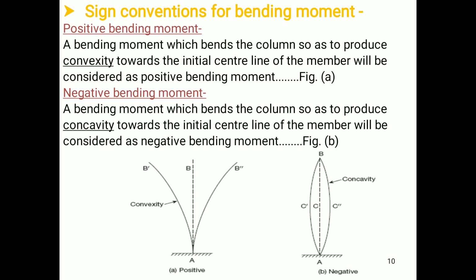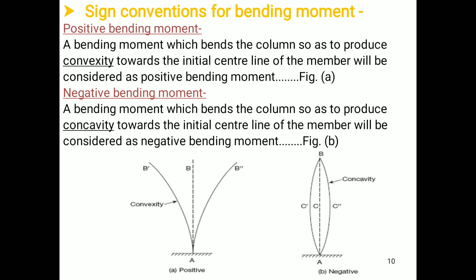Now we will discuss the negative bending moment. A bending moment which bends the column so as to produce concavity towards the initial center line will be considered a negative bending moment. It is shown in figure B. Again AB is the initial center line of the column.